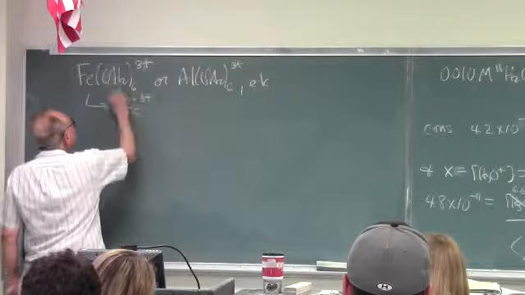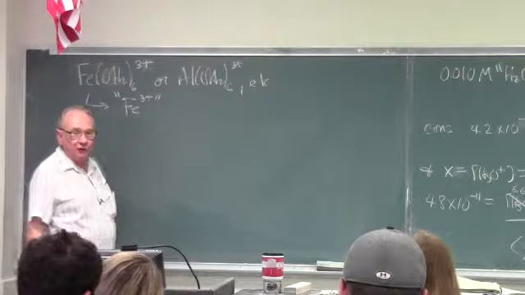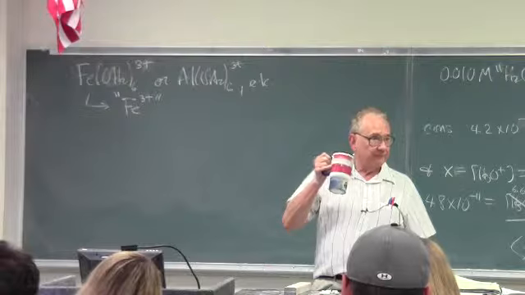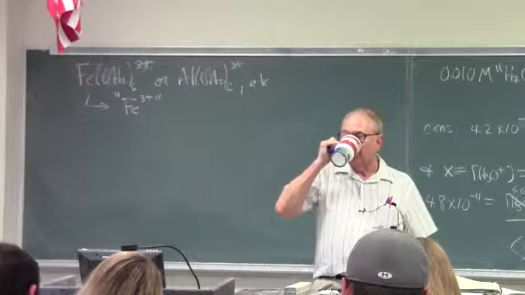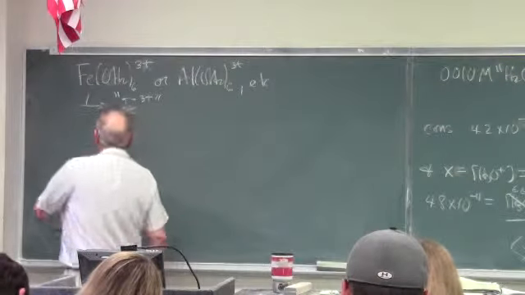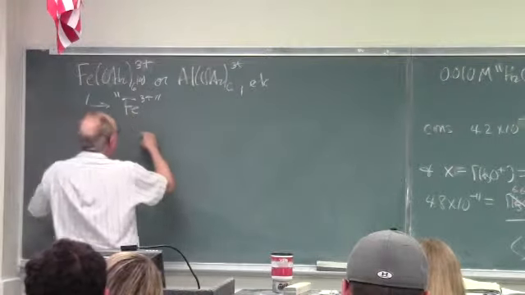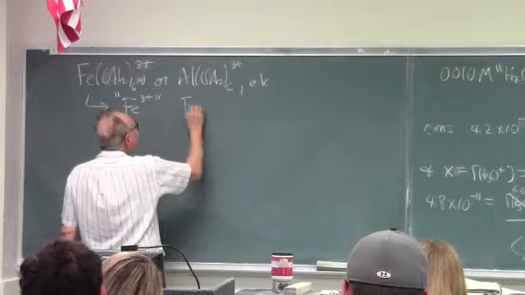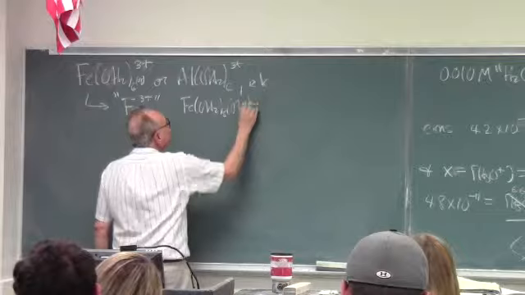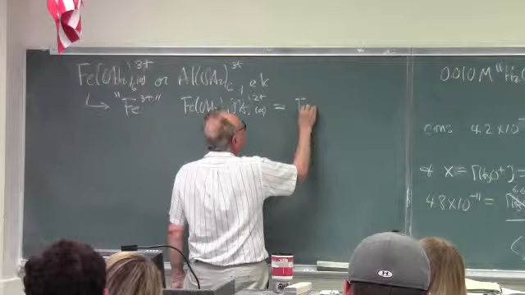in order to shorthand the analysis that we wish to do for water solution of hydrated iron plus 3, I will abbreviate hydrated iron plus 3, aq, as this. And then I will abbreviate this as this.